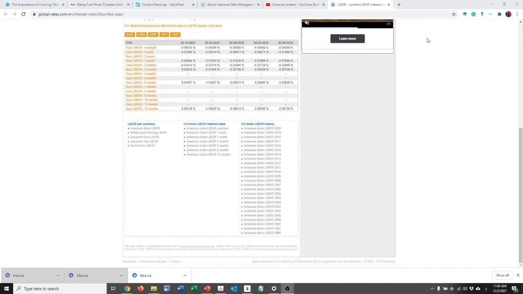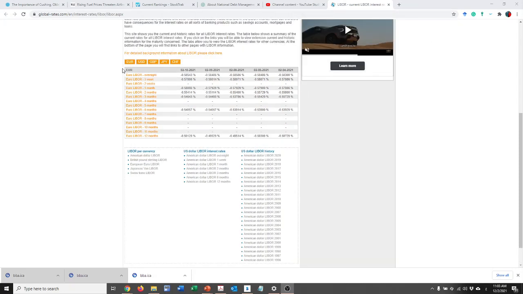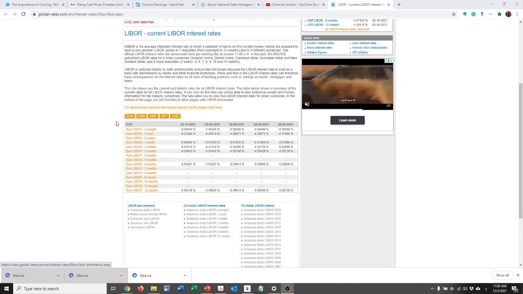As you can see here, now there are only LIBOR rates for 5 currencies and for 7 maturities.